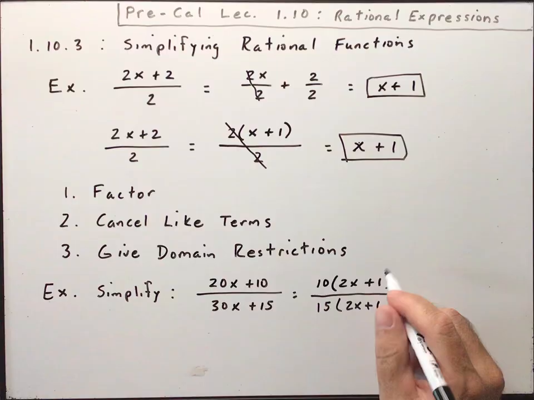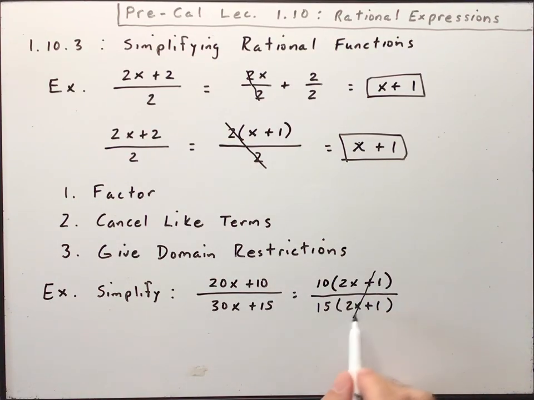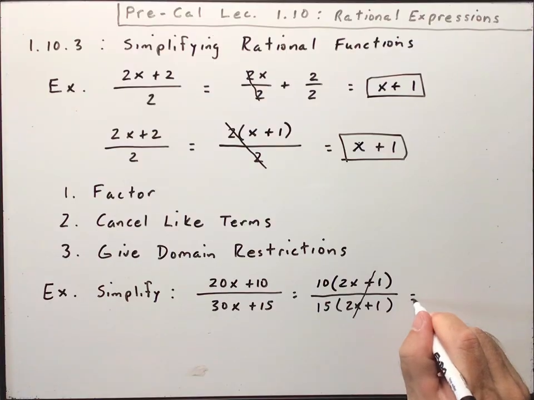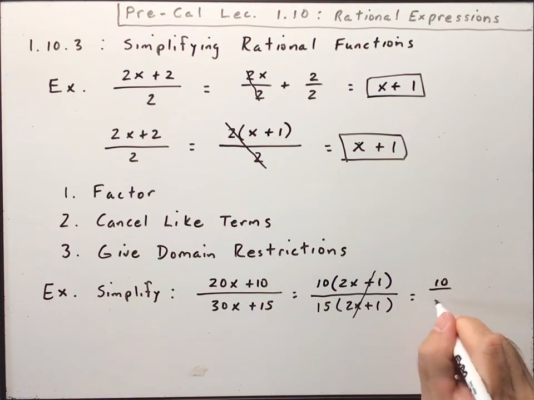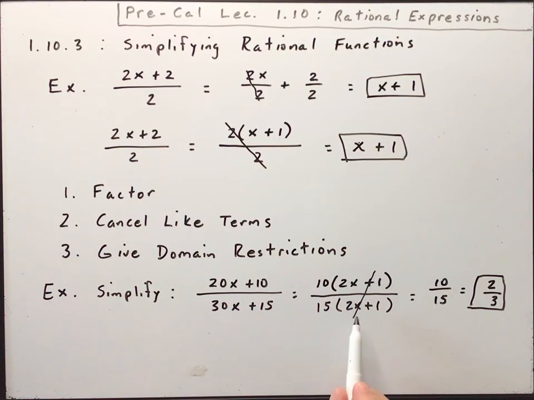So then the 2x plus 1 over 2x plus 1 would cancel out. It's a thing over the exact same thing. Well, that's going to give you 1, which would be 10 over 15, and that would reduce down to 2/3. But there is a number that would make our denominator 0.